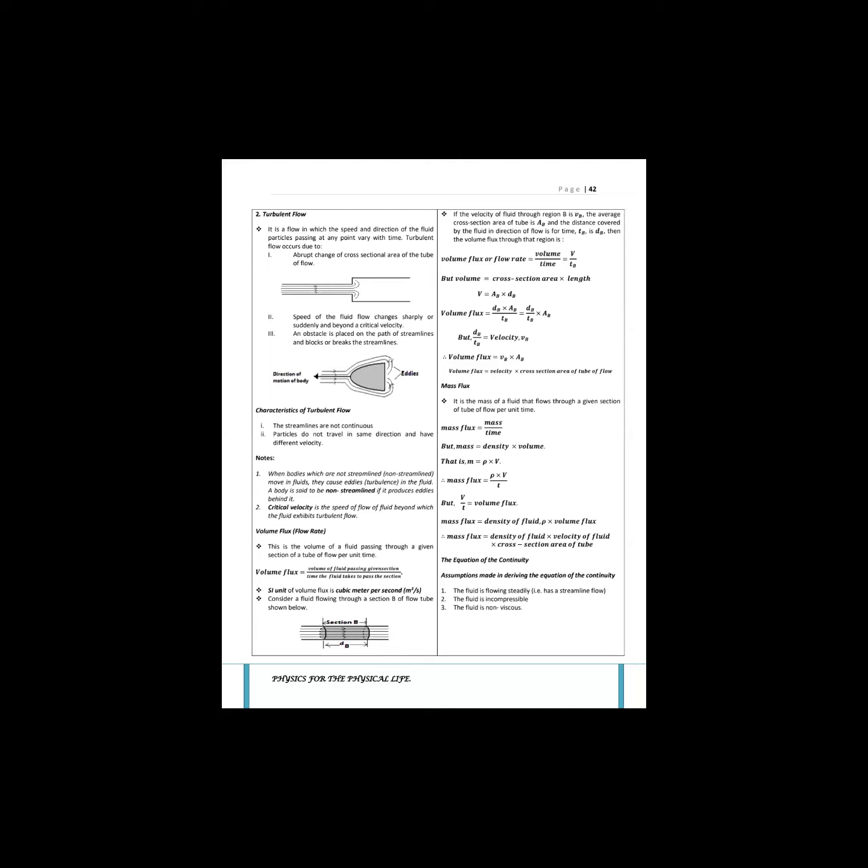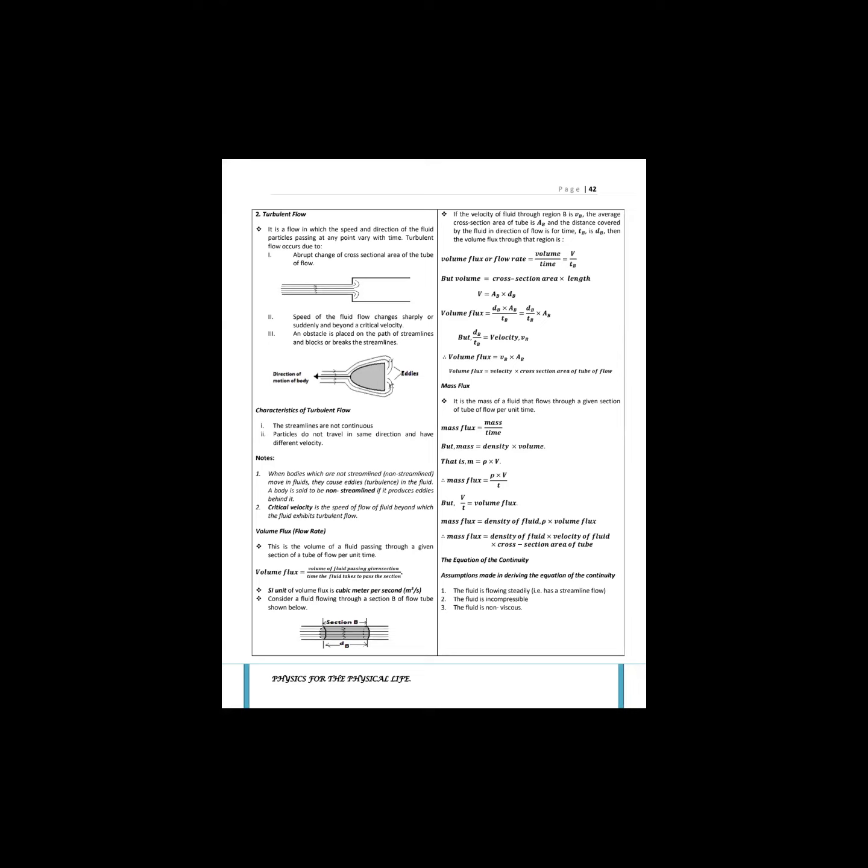When there is an abrupt change of cross-sectional area of the tube, flow from a smaller cross-sectional area to a larger cross-sectional area. That is one example. Another one is when an obstacle is placed on the path of streamlines and blocks or breaks the streamline. You can see they are forming eddies.